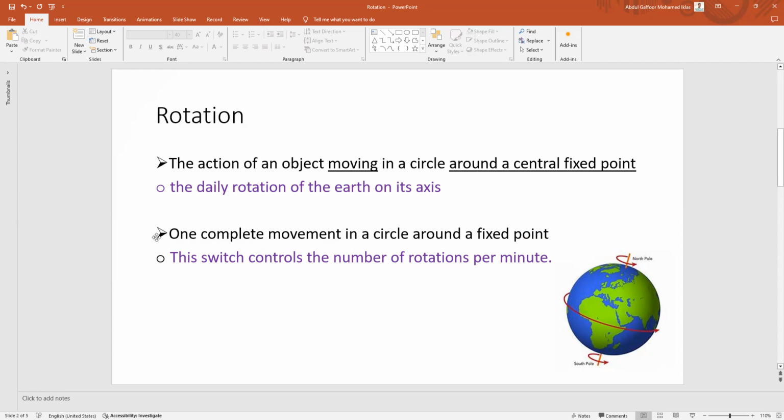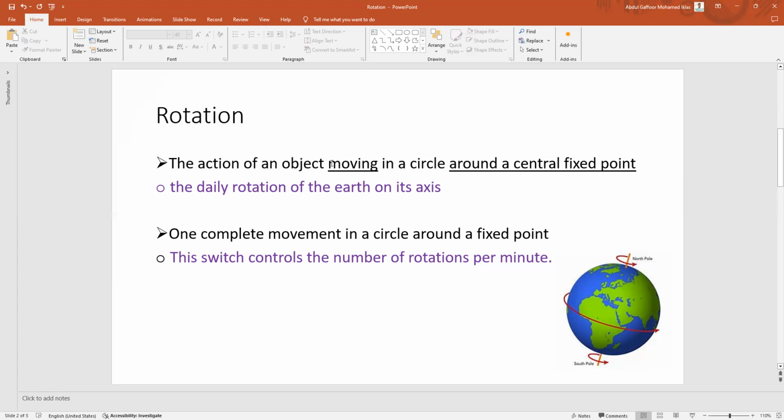Here I have given two definitions for the term rotation. The first one is the action of an object moving in a circle around a central fixed point. I have underlined two important phrases. This is not for examination purposes, just to make you understand about rotation.